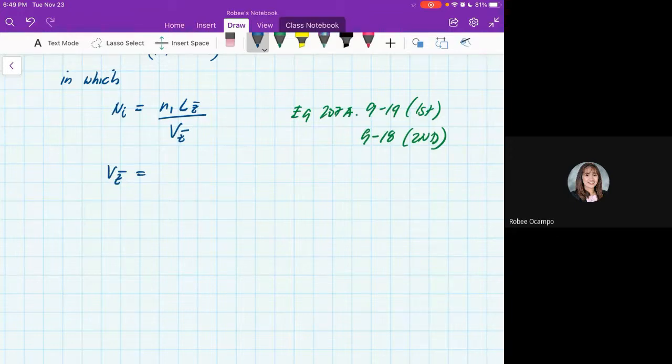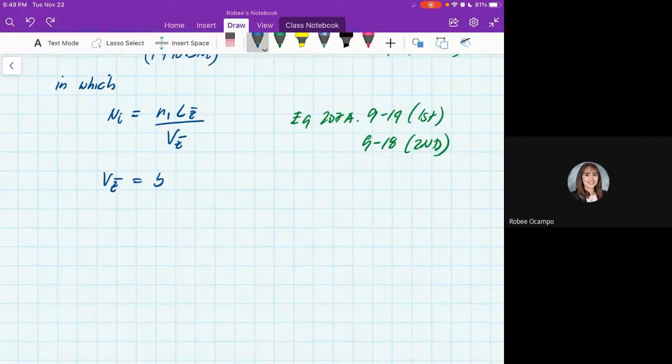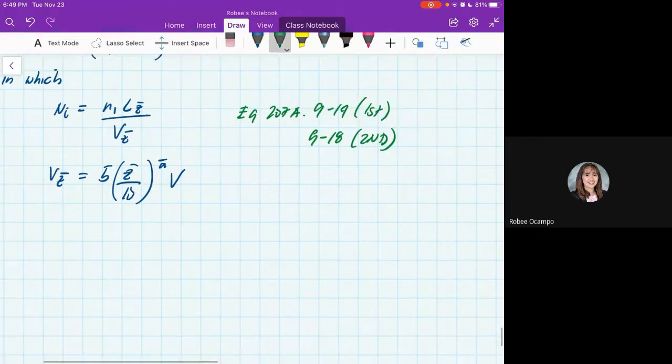So our V sub Z bar is equal to V bar times Z bar over 10 raised to alpha bar times V. So this is from equation 207A.9-16 or 9-20.